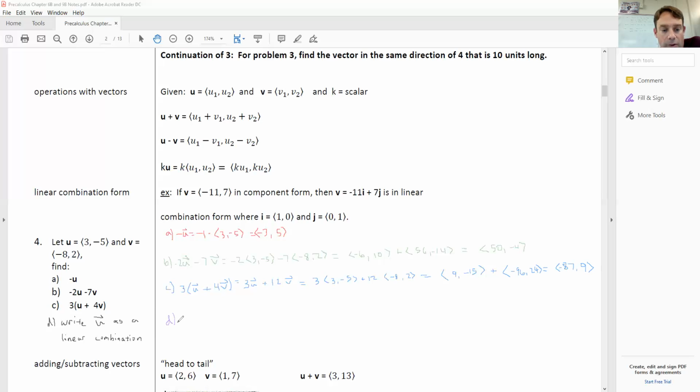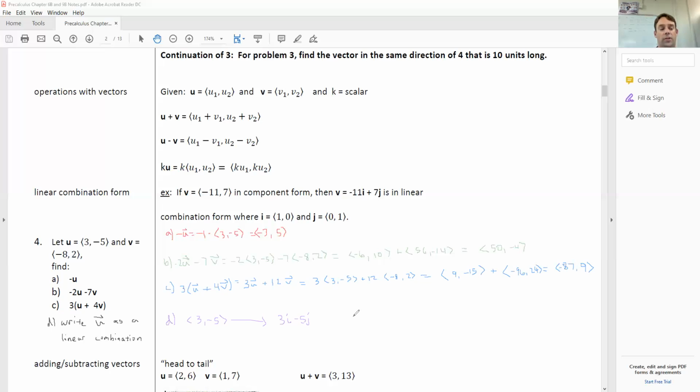So this is u. I can write it as 3i plus, oops, let's make that a negative, minus 5j.